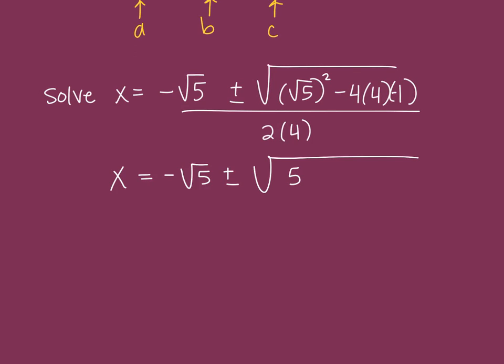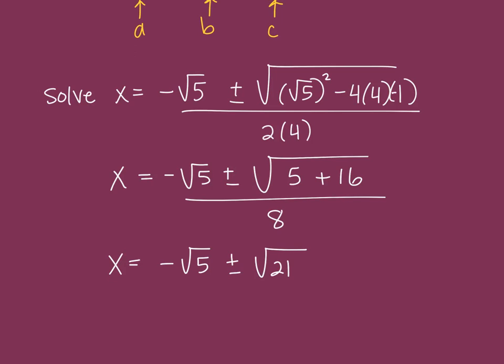I have a negative 4 times a positive 4 times a negative 1. That's a double negative, so I'm going to get 5 plus 16. And then over 8. So that's going to give me negative square root 5 plus or minus square root 21 all over 8.